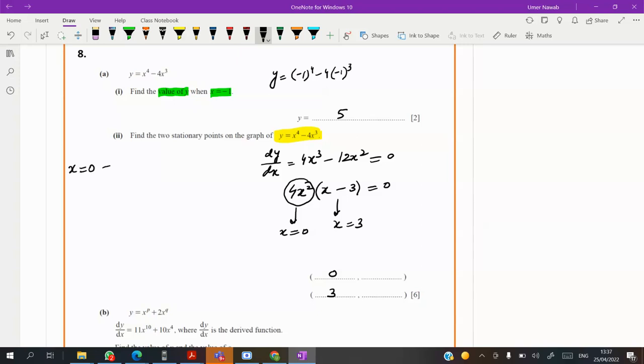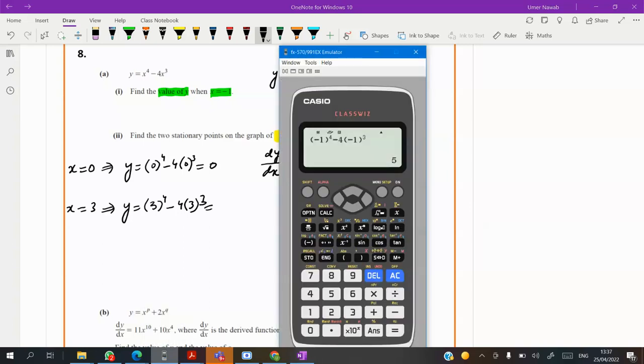x is equal to 0 when we substitute it into the original equation, 0 power 4 minus 4, 0 power 3, it is 0. And when x is equal to 3, we substitute it into the equation of the curve. We may use calculator to avoid any calculation error.